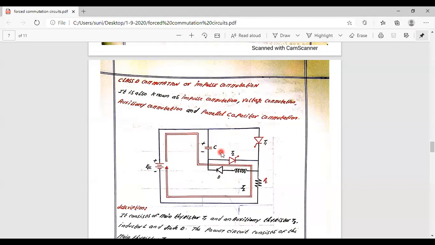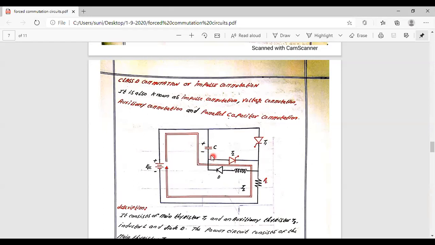Okay, after that, at the desired instant, whenever we need to make the main device turn off, we are going to give the triggering pulse for this auxiliary device. Whenever the triggering pulse is provided for this auxiliary device, then it acts as a short circuit.